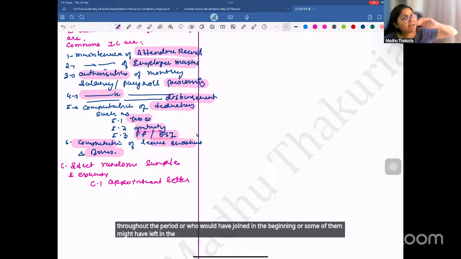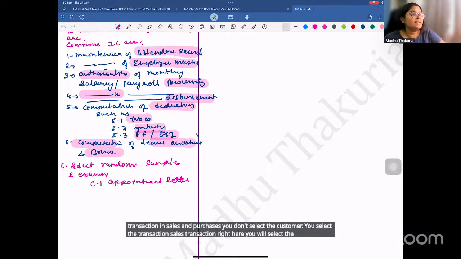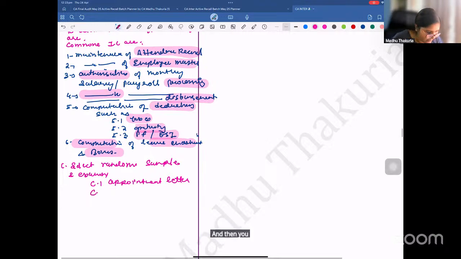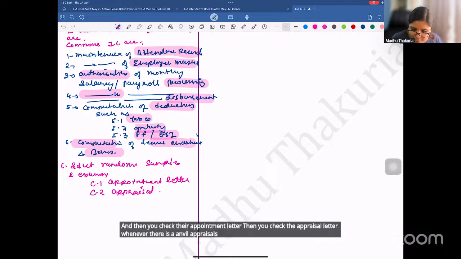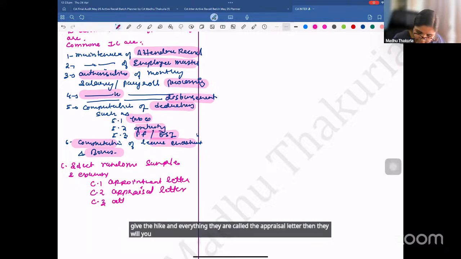So you select the employees rather than the transaction. In sales and purchases, you don't select the customer, you select the sales transaction, right? Here you will select the employees, and then you check their appointment letter, then their appraisal letter. Whenever there are annual appraisals, an evaluation of their performance, and they give the hike and everything, they are called appraisal letters. Then you will check their attendance record.